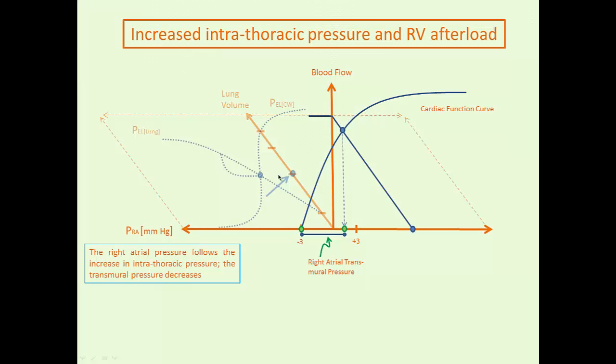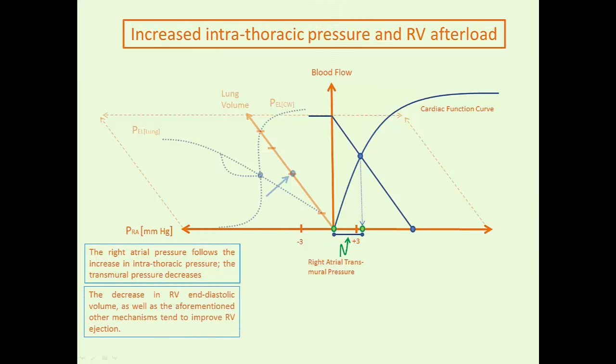So as the intrathoracic pressure increases along the Campbell analysis here, your cardiac function curve will shift rightwards accordingly, like so. And cardiac output, or the operating point of the curve, will shift down and to the right. So the output of your right heart is decreased despite an increase in right atrial pressure, and the transmural pressure has shrunk. So in that situation, the right atrium and the right ventricle would tend to shrink.